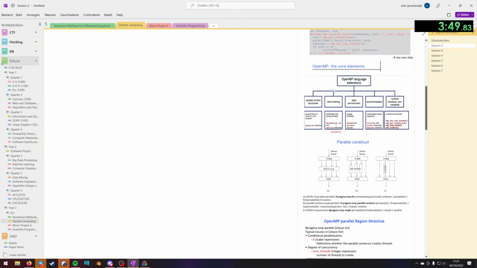Bisection bandwidth is like edge connectivity, but the two parts need to be equal, like you cut it in half.